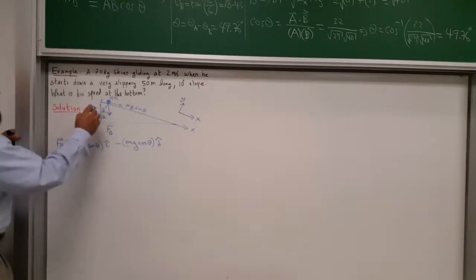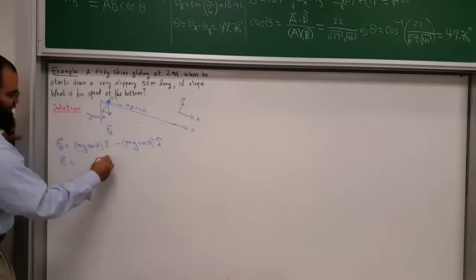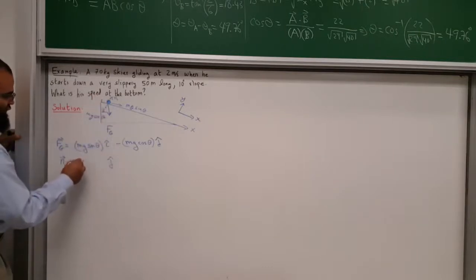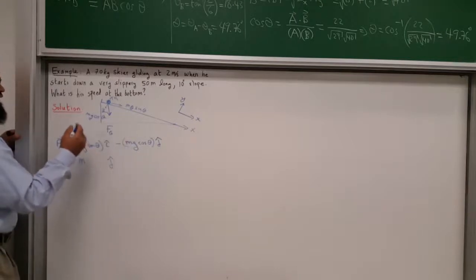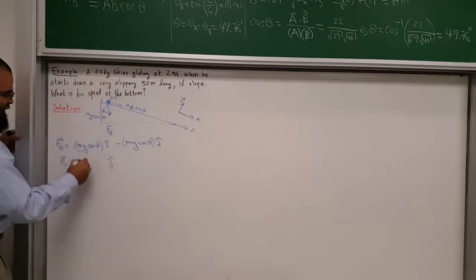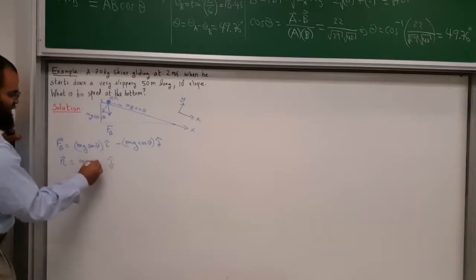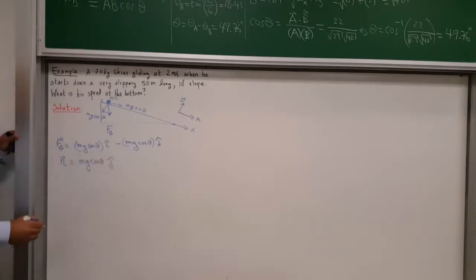The normal force is along the positive y direction, so j hat, and it's equal to the y component of the force of gravity, because there is no motion this way. So it is mg cosine theta.